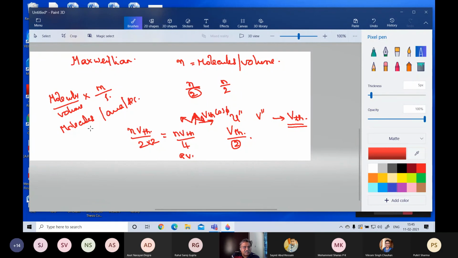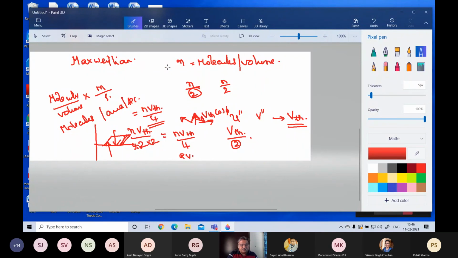I showed you a graph with velocity and y equal to 0, and this surface, that plane. The number of molecules crossing per unit area in this direction or in that direction per unit second is equal to n V thermal by 4. That is what this whole derivation has come to, and that is what I was trying to show.